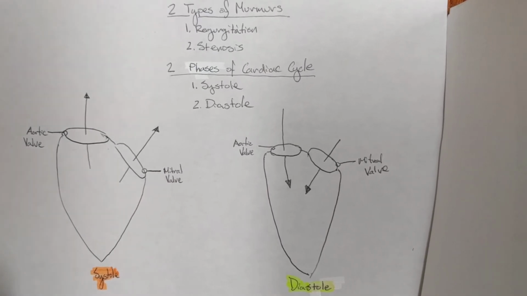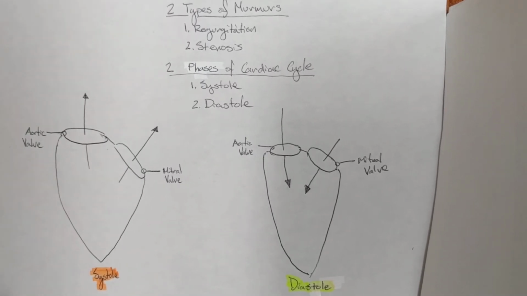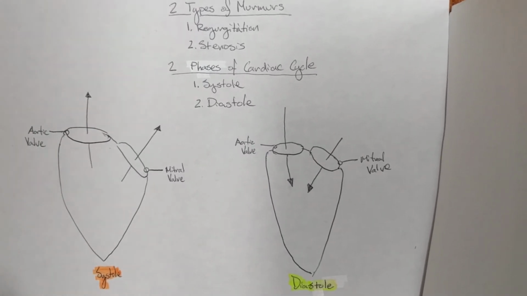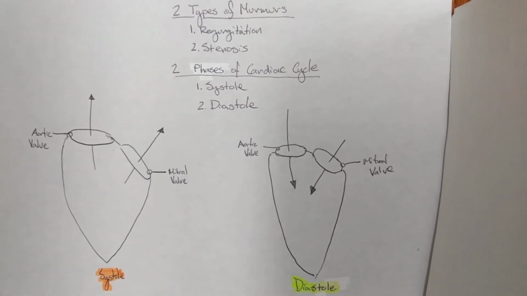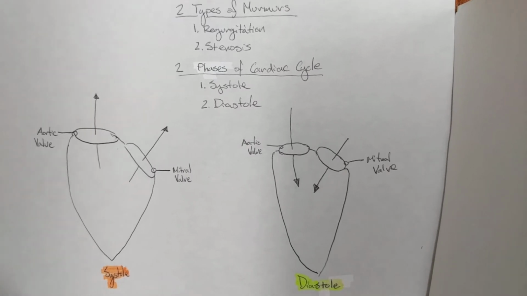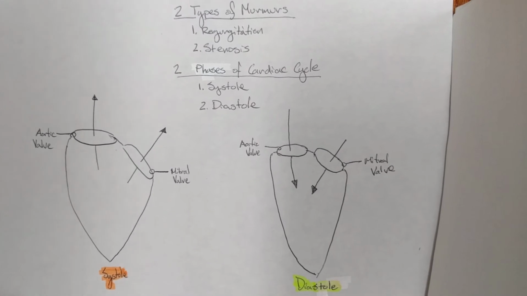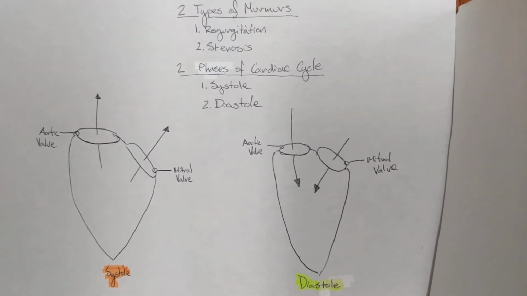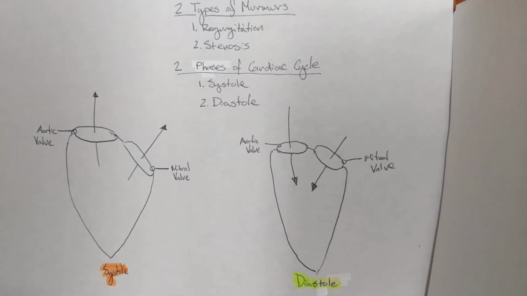For acute aortic valve regurgitation, that's commonly due to endocarditis or aortic dissection. But chronic aortic valve regurgitation is most likely due to rheumatic heart disease, although Marfan's can commonly cause aortic valve regurgitation as well.